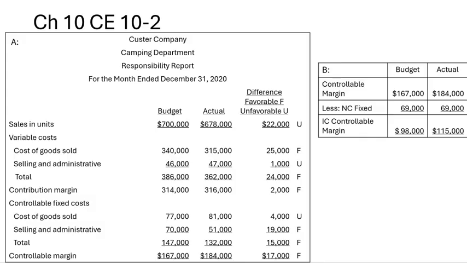So we take our controllable margins from the budget report at a profit center level, subtract what we called non-controllable fixed costs, which is now controllable at the investment center level, and we get our investment center controllable margin, $98,000 budget, $115,000 actual.